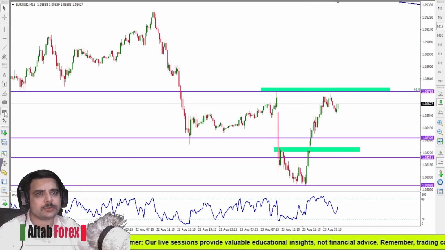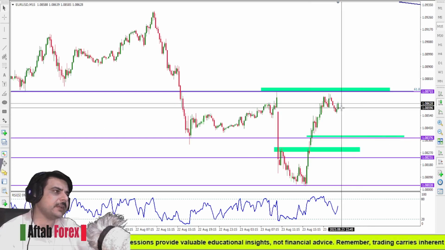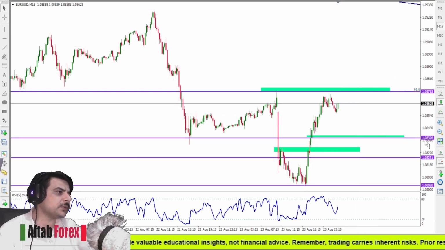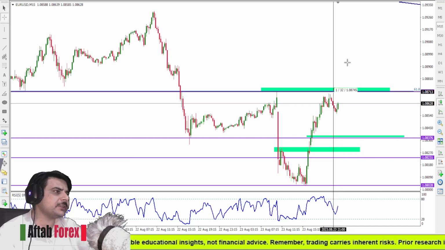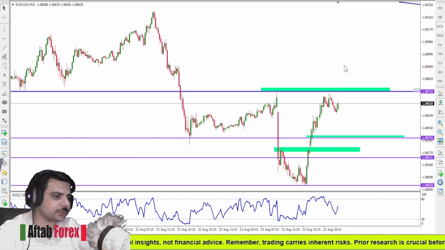So this is also one possibility. If I get a chance tomorrow, I may be entering more buy positions near 1.08376, otherwise on the break above, a retest and the continuation towards the said zone.